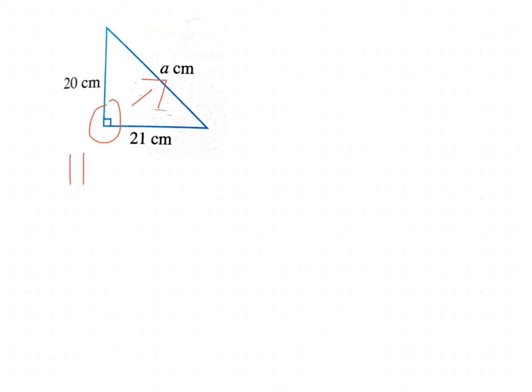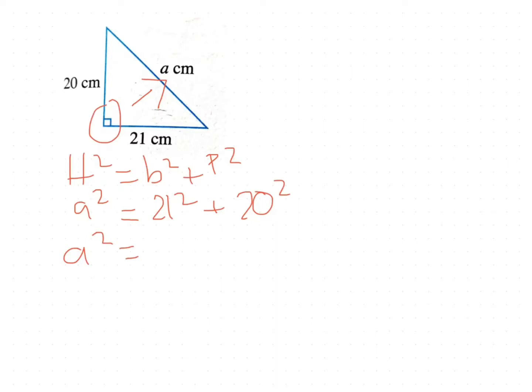First, write the formula H2 equals B2 plus P2. So A square is unknown, then B square which is 21 square plus 20 square. Now A2 equals the square of 21, which is 441, plus the square of 20, which is 400.